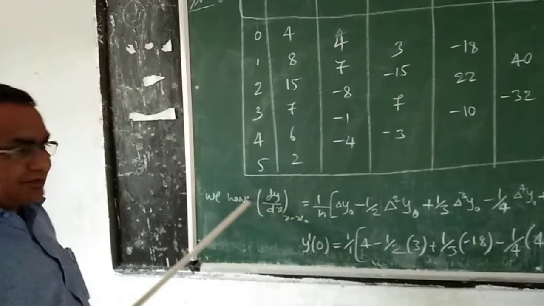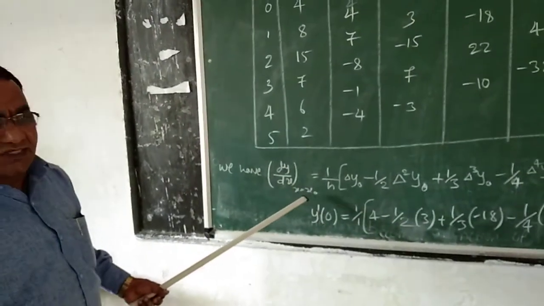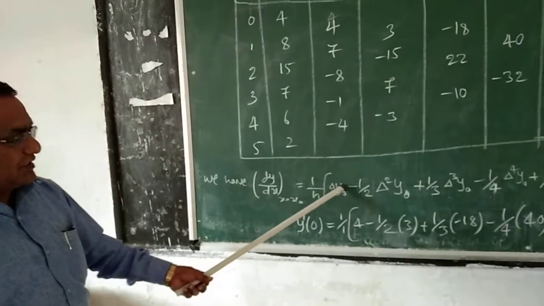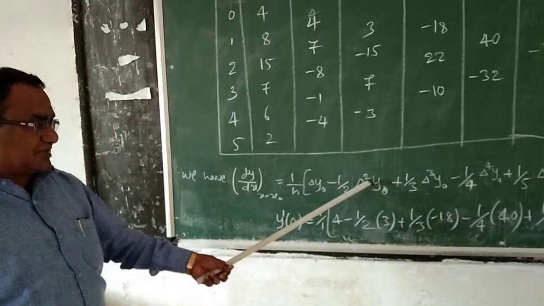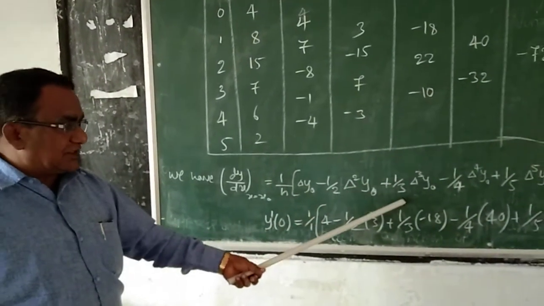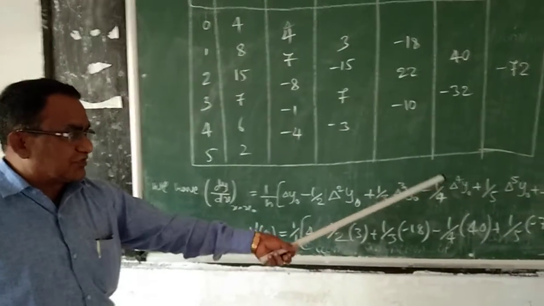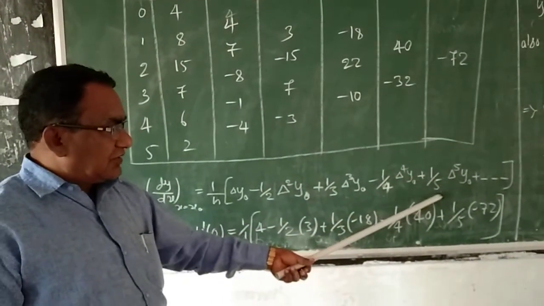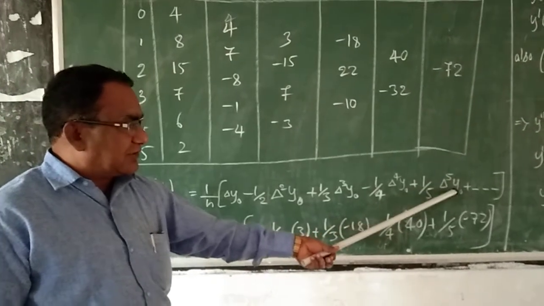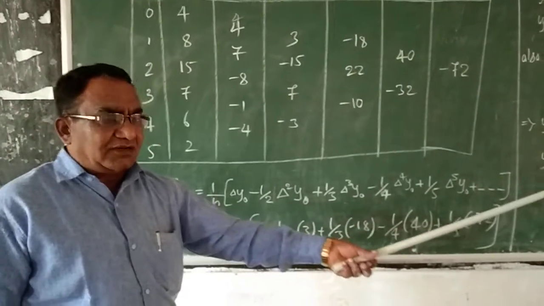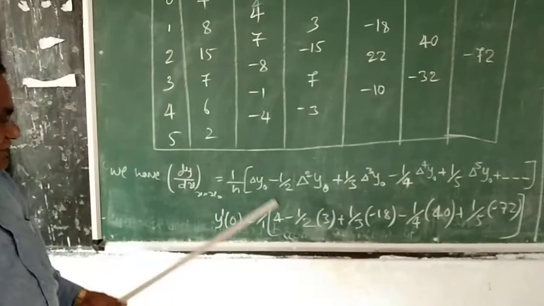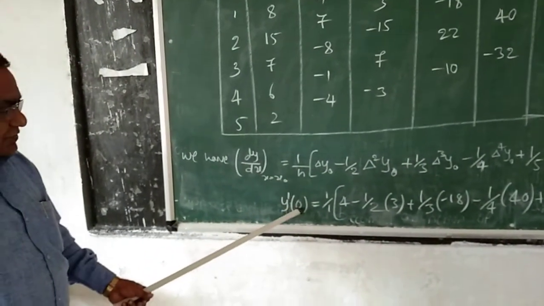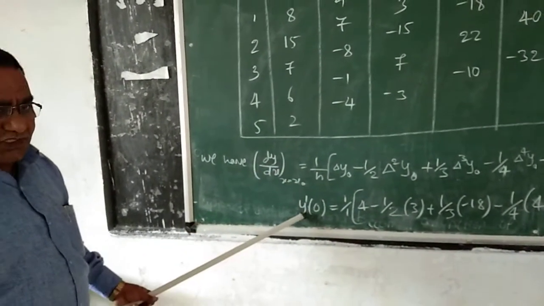And using this formula, dy by dx at x equal to x naught is 1 over h into delta y naught minus half into delta squared y naught plus 1 by 3 into delta cube y naught minus 1 by 4 into delta to the power 4 y naught plus 1 by 5 into delta to the power 5 y naught plus and minus and so on. Writing those values here, you remember your x naught is 0. dy by dx is y dash.